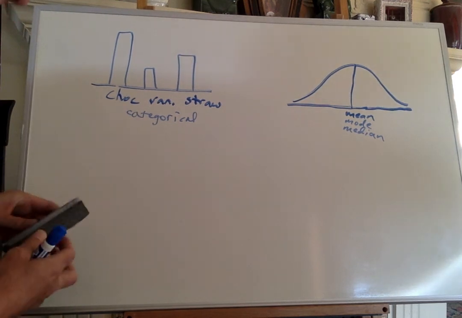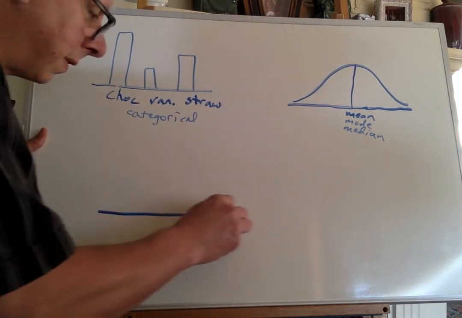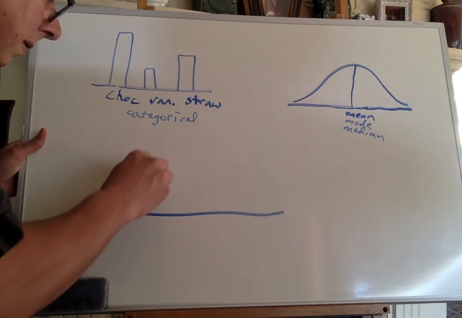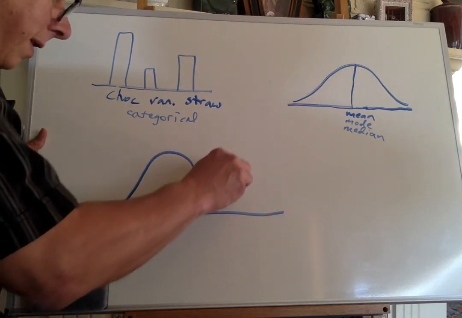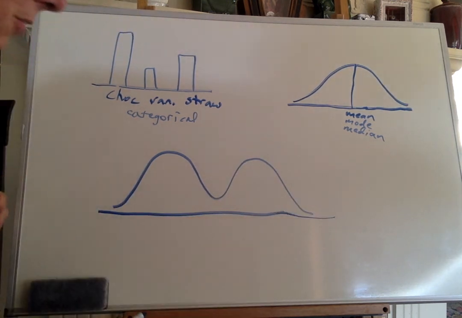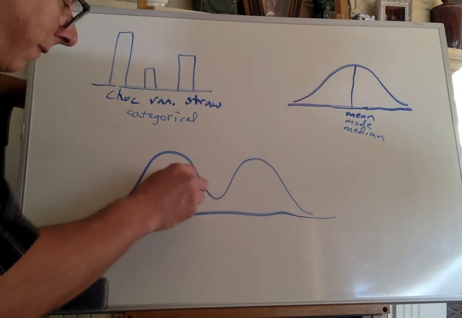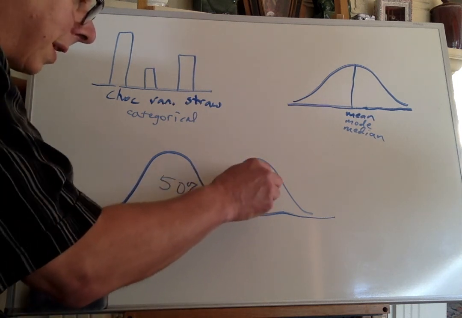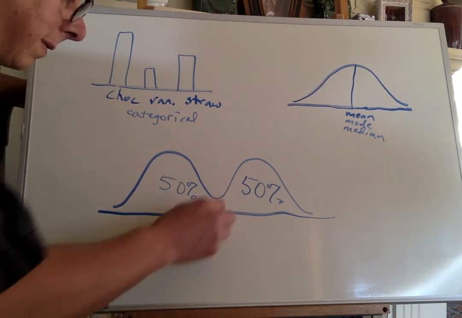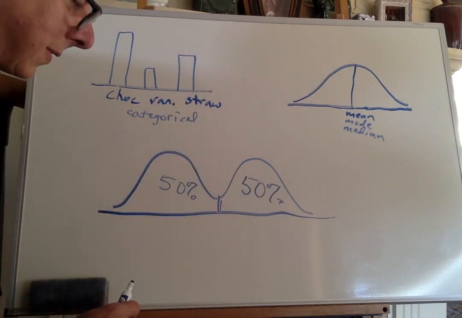But let's look at something that's not categorical, where the mode might be useful, and that is, let's make this a nice symmetrical, we're going to make this a symmetrical bimodal distribution. If it's symmetrical, right, and 50% is here, 50% is here, it's symmetrical around the vertical axis.